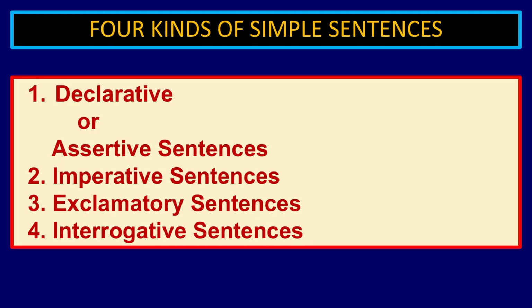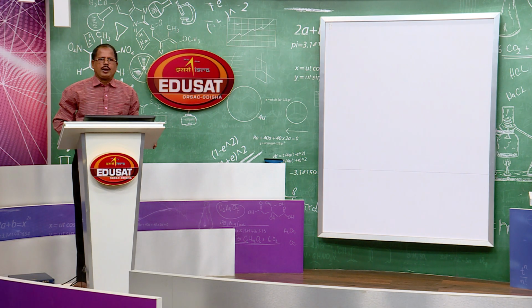Under simple sentences we discussed declarative or assertive, imperative, exclamative and interrogative sentences, and we also did activities for all these types. We also discussed the patterns of simple sentences.